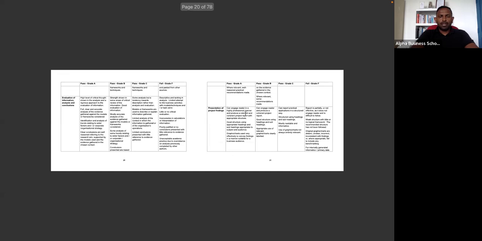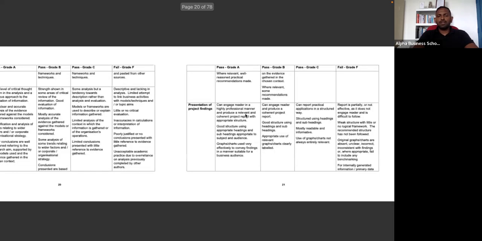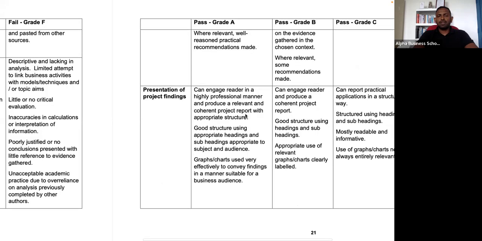The fourth element, the presentation part: can engage a reader in a highly professional manner and produce a relevant and coherent project report with appropriate structure. If you're feeling sleepy, then I'm not engaging you. When someone takes your research report, you should write in a manner that they will not put it down without reading it completely.